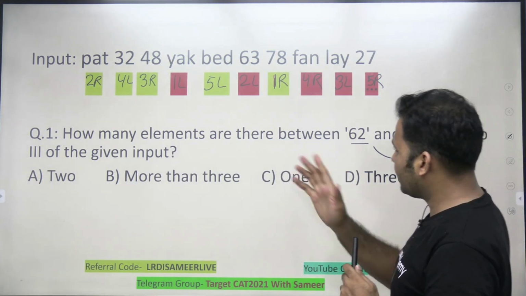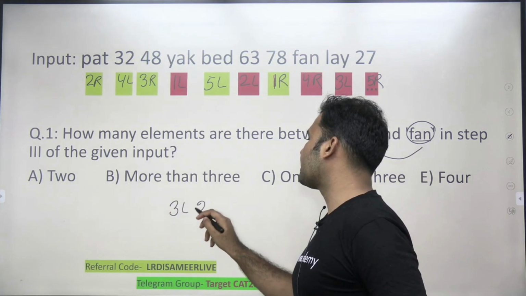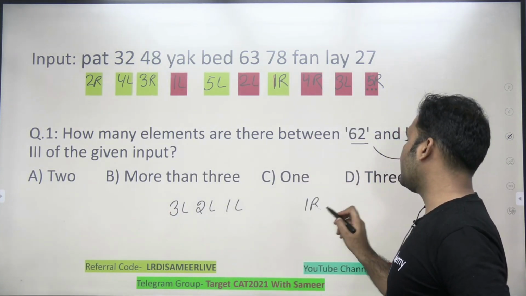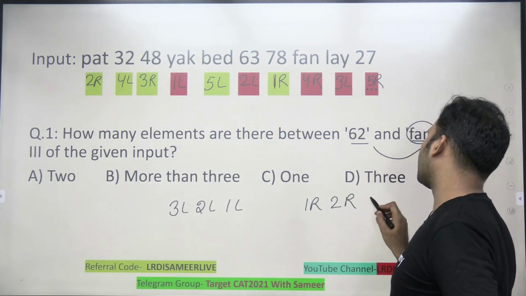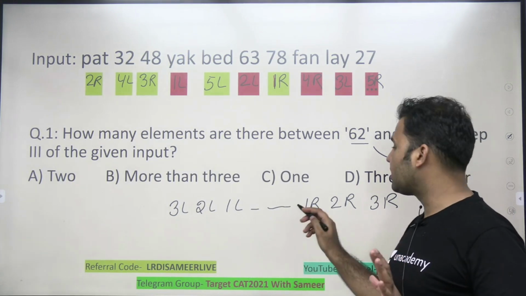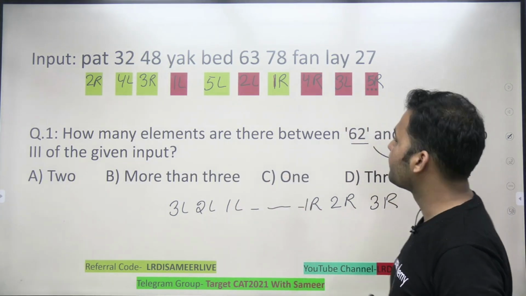Now in the third step, I'll have three elements getting arranged, 3L, 2L, 1L. And on the right hand side, I'll have three elements, 1R, 2R, and 3R. Rest of the elements will be positioned in between them as they are because they are not moved yet till the third step is completed.